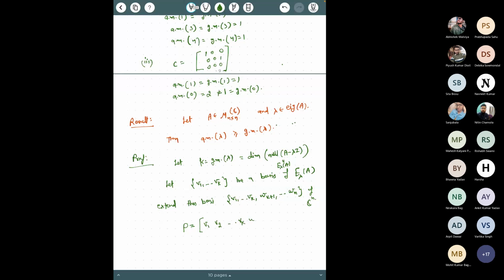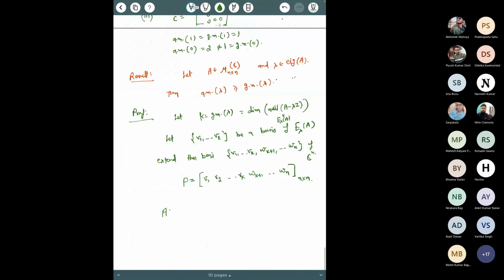Now when you multiply A with this P from the right-hand side, what do you get? This is A, and P is V1, V2 to Vk, and then Wk plus 1 to Wn.